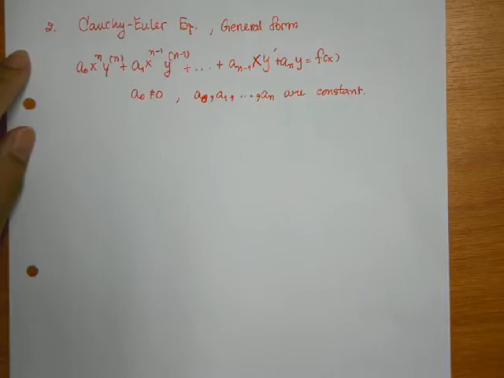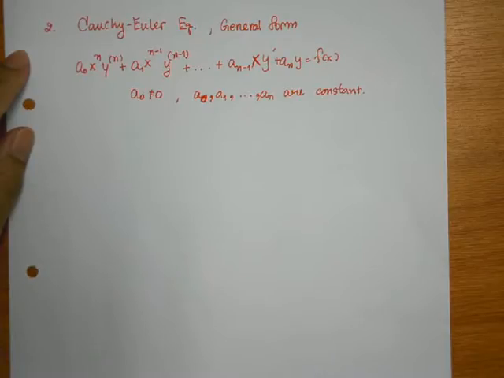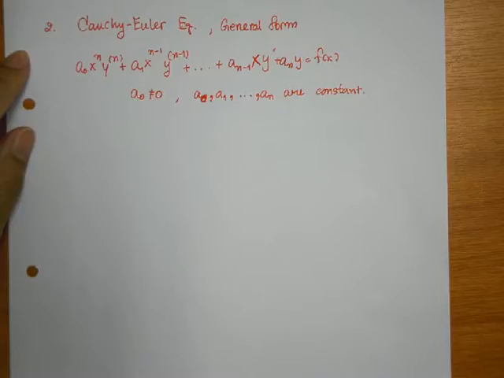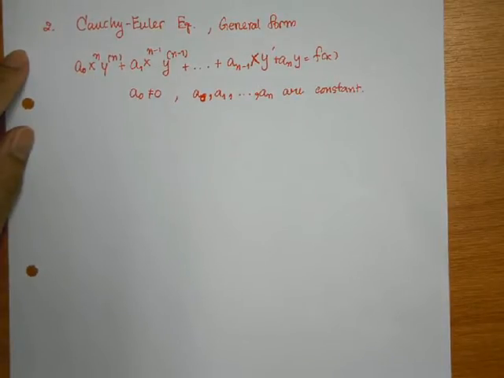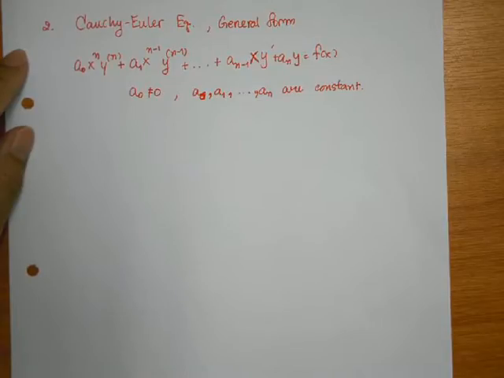So from your previous method, you just can't do the order of reduction because you don't know what the order of your derivative would be. And the thing is that it comes as a pattern. There are some basic ways that we can use to solve this type of differential equation, which is easier than using the order of reduction method.